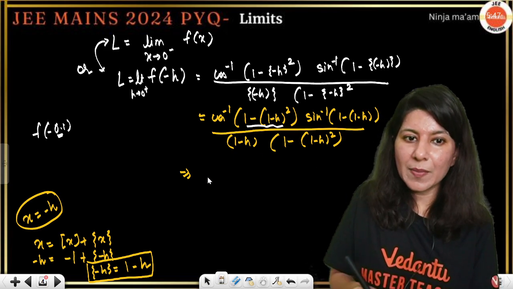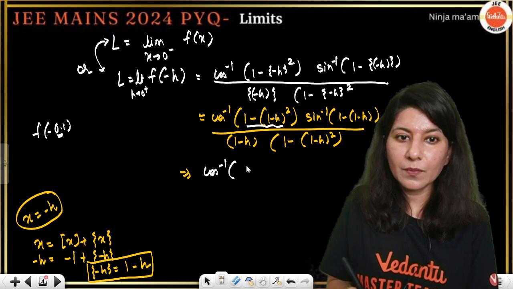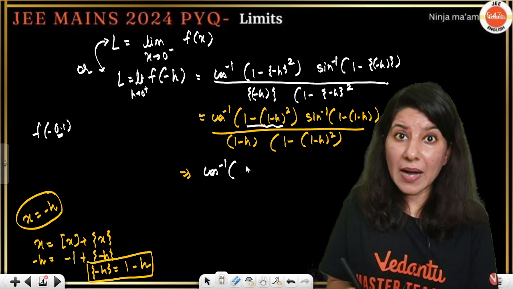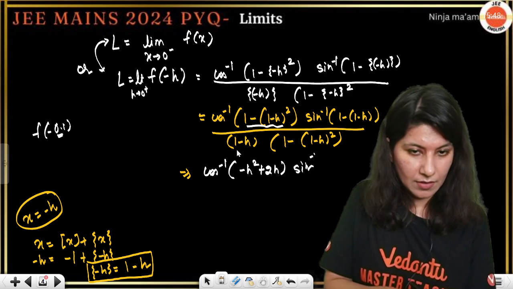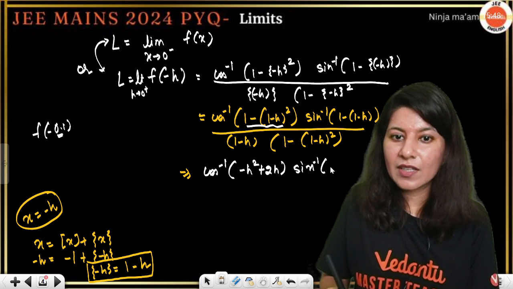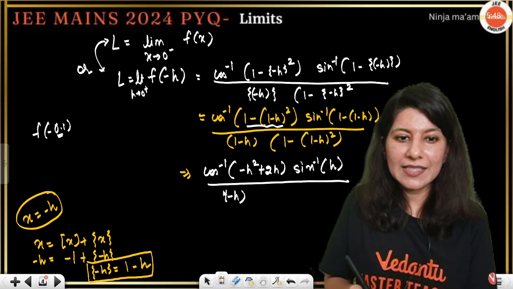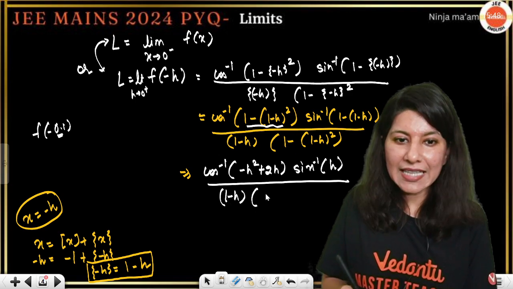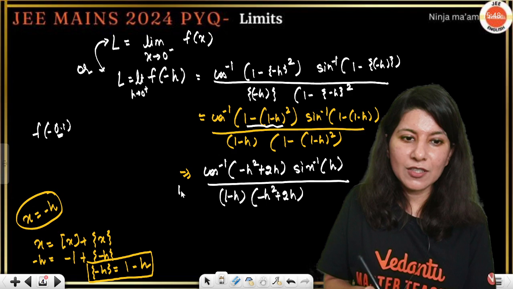This, if you expand, 1 cancels, so this is going to be minus h square plus 2h. Perfect. This is sine inverse of minus plus h whole upon 1 minus h, 1 cancels, h minus h square plus 2h again. Here h tends to 0 plus.